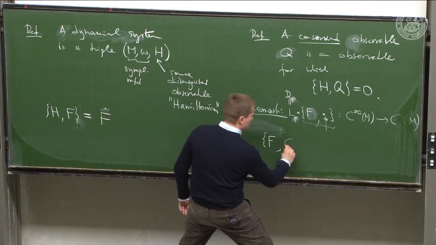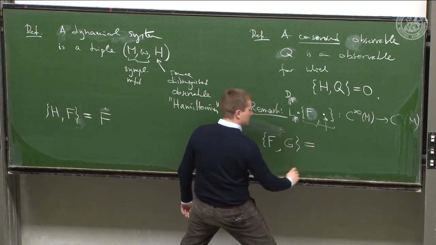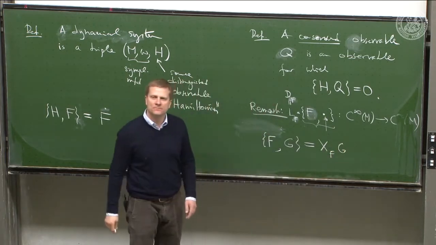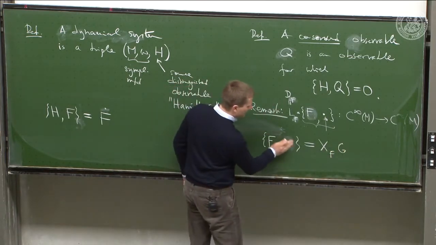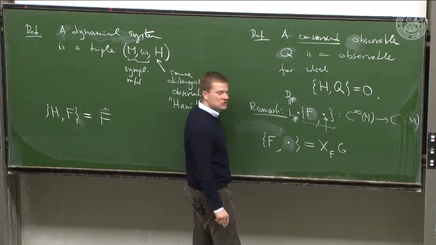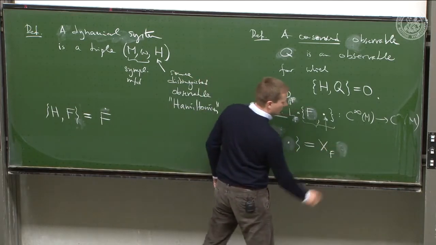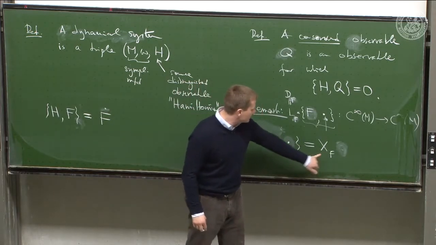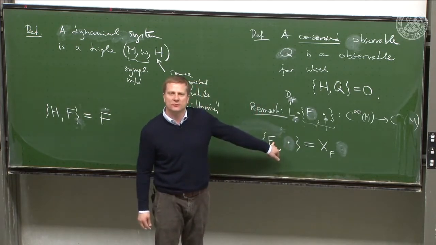F comma g, we defined this as xf acting on g. So what happens if you leave the g out, if you say open slot? Well, it means this object is the Hamiltonian vector field of that observable.